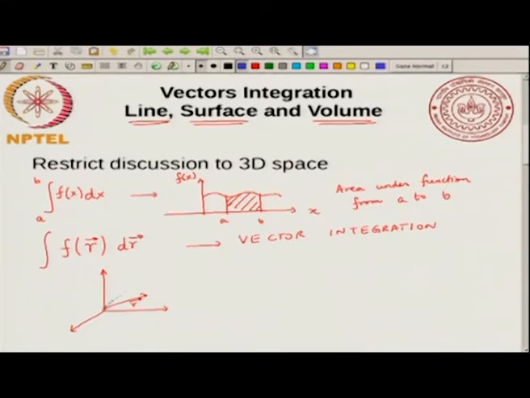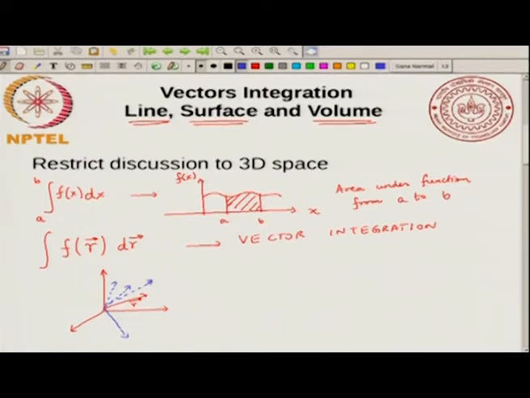For example, it can point this way, this way, this way, or in this direction. So all these are various possibilities for this vector R. And now what do you mean by integrating over a vector? That means you have to integrate over a range of values of R.